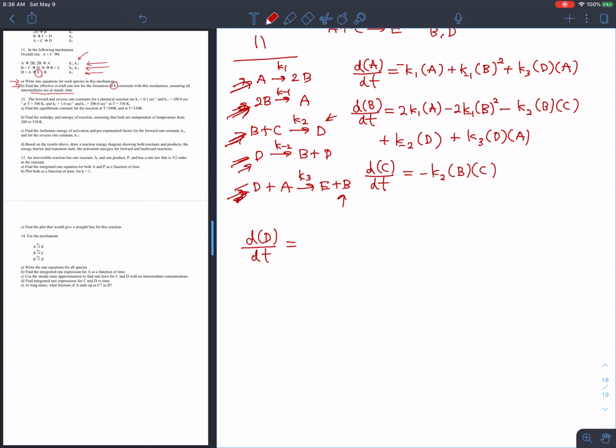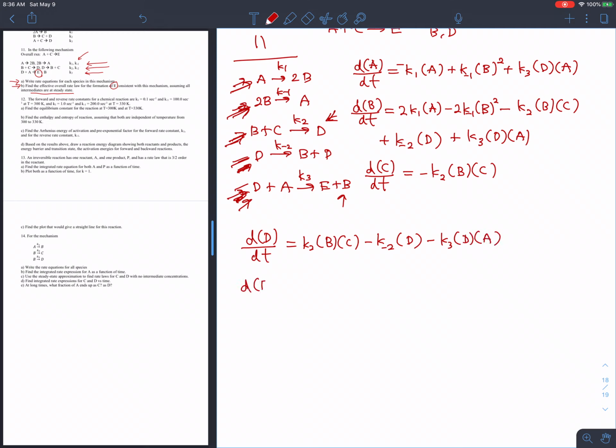It's a product in the first one up here, k2 times B times C. It's a reactant here, minus k minus 2 times D. And it's a reactant here, minus k3 times D times A.